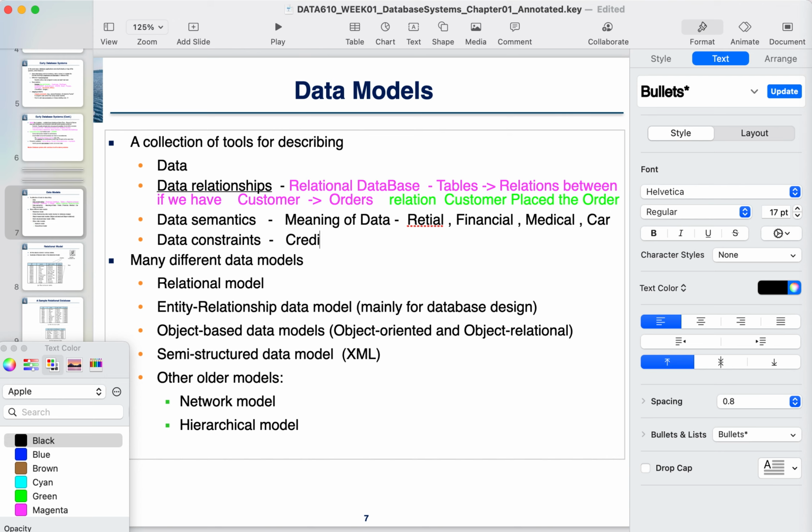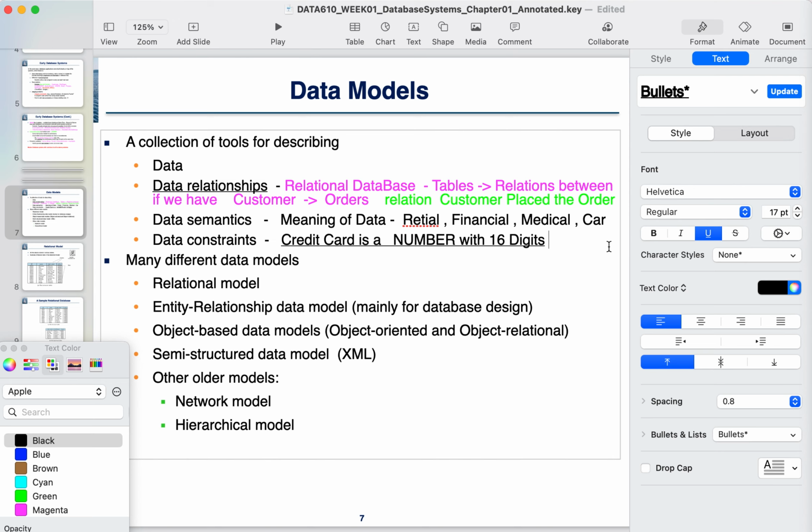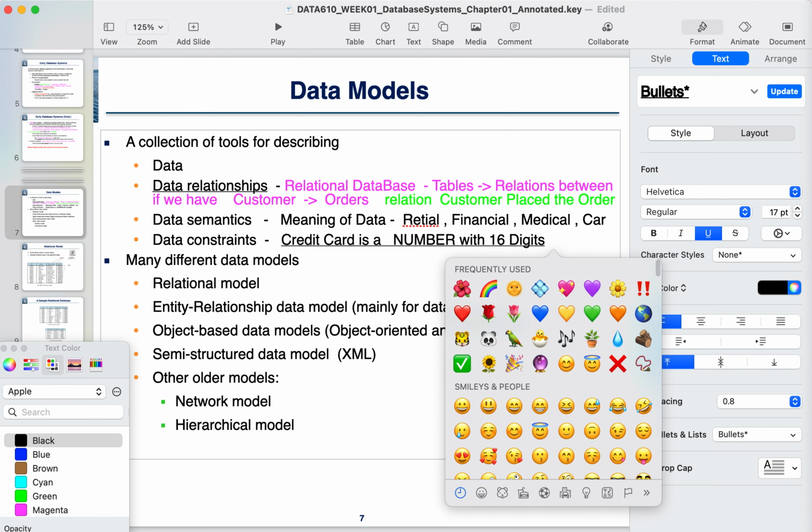Credit card number is an integer or it's a number. A credit card is a number with 16 digits, alright? We cannot enter blue eyes for credit cards. It has to be a number.